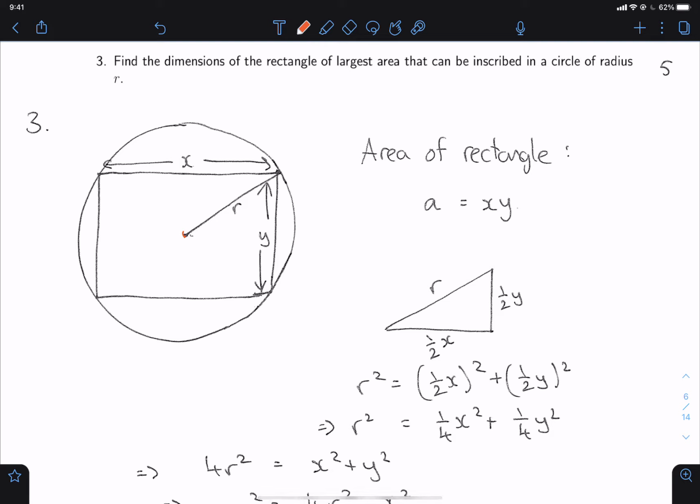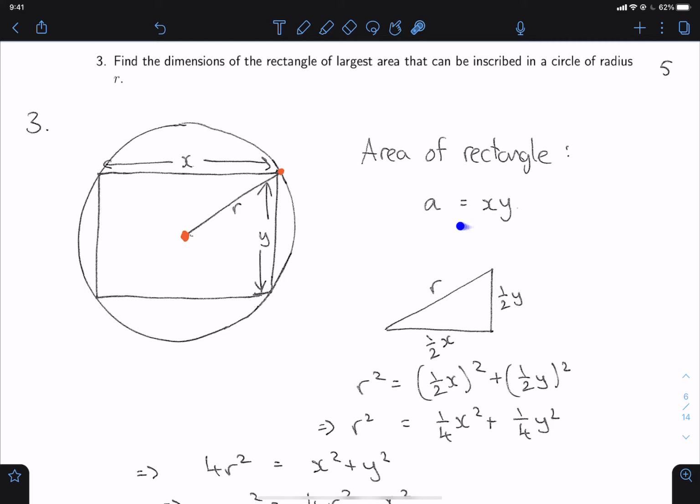So that is from the center of this rectangle to the edge of this circle. That is equal to r. Now we write out the expression of the area of the rectangle. That is the length times the height. So the area is equal to x times y.